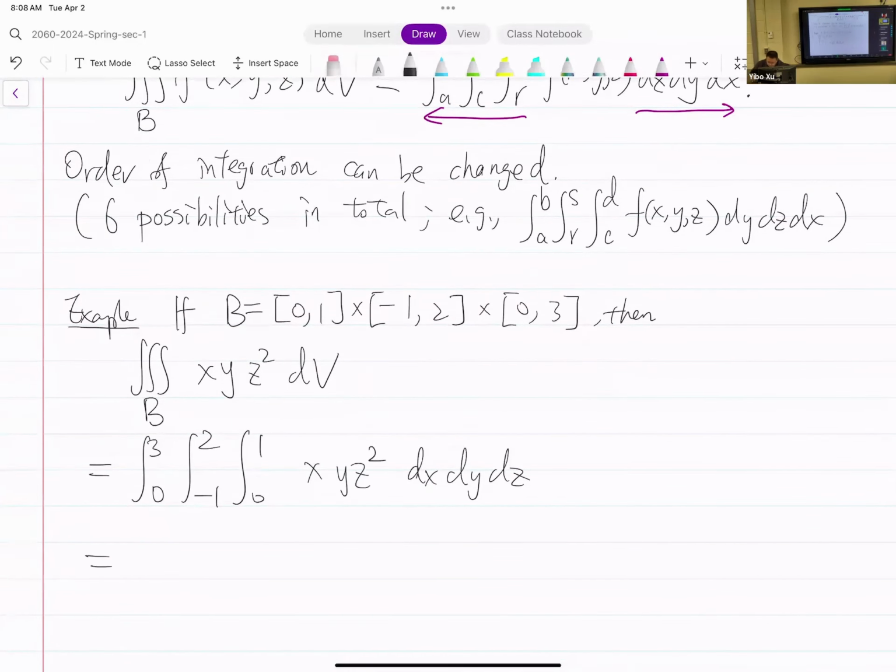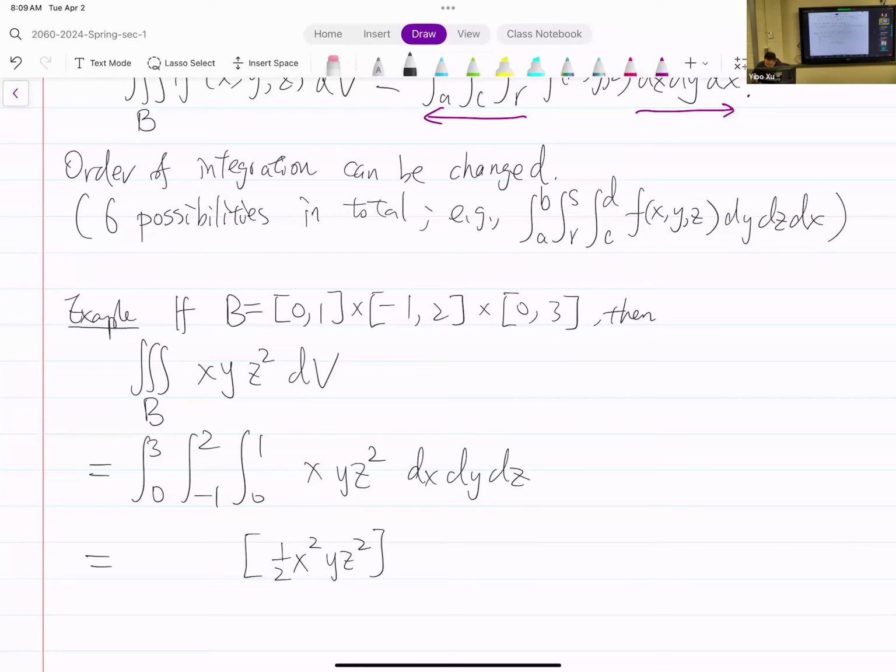Now to do the integral in terms of x, we treat y and z as constants. That's pretty straightforward. We have x to the 1 as the function, and y z squared is a constant, so power function, add 1 and divide. That's going to be 1/2 x squared times y z squared. So the antiderivative in terms of x is this.